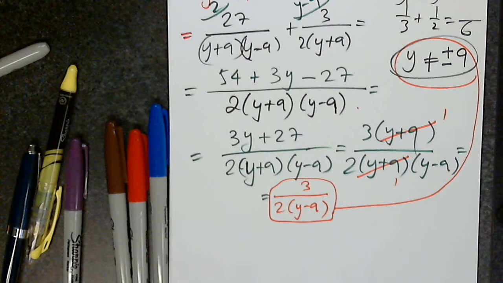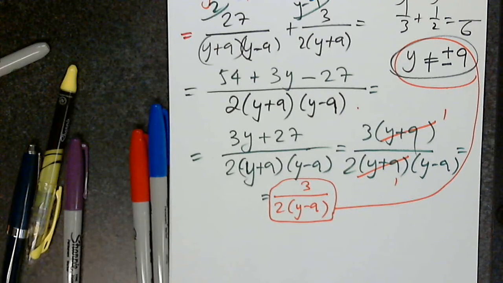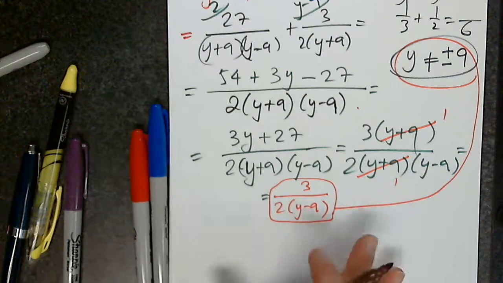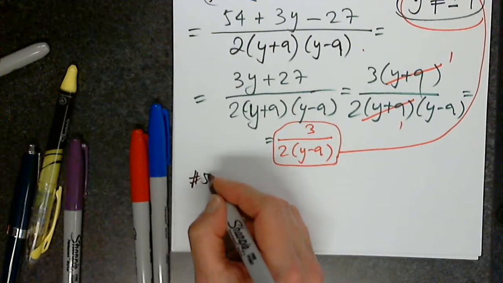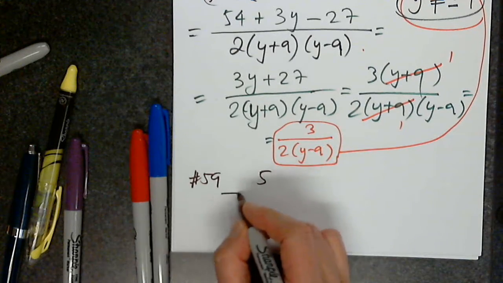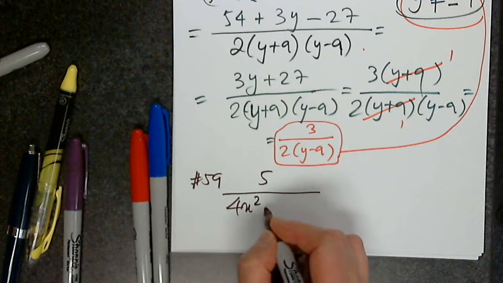Okay, by the look on your faces, it's clear that we have to practice more. Agreed or disagreed? Yes? Should we choose other examples? Yeah. Very good. Okay, let's look at 59. 5 divided by 4x squared minus 12x plus 8, minus 3 over 3x squared minus 6x.